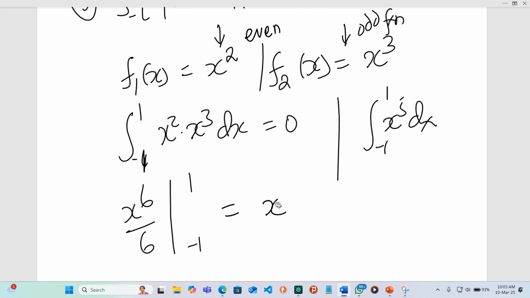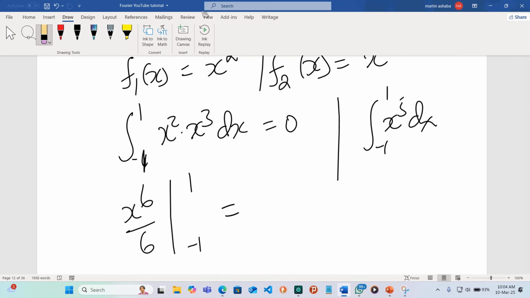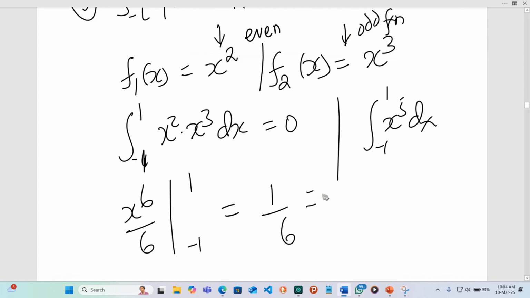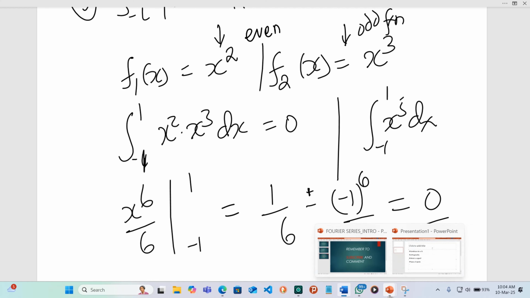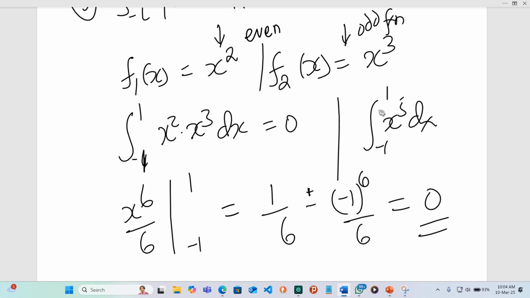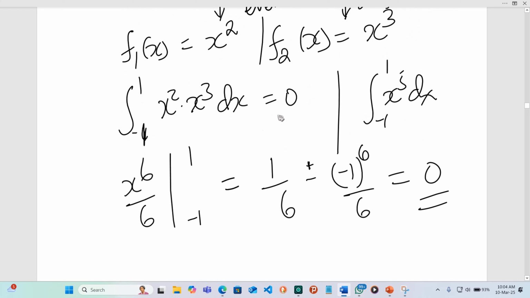This becomes 1 over 6 minus (negative 1) to the power 6 over 6. This gives us 0. You can see that obviously gives you 0.